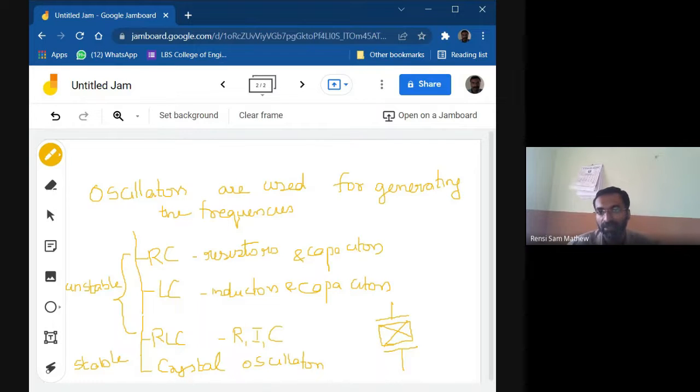We don't use RC or LC or RLC, because, hope you have studied, every device requires a clock. In digital system design or logic system design, you would have studied counters and flip-flops. Flip-flops require clocks, so the clock signal is very important. In a synchronous counter, we require a clock.